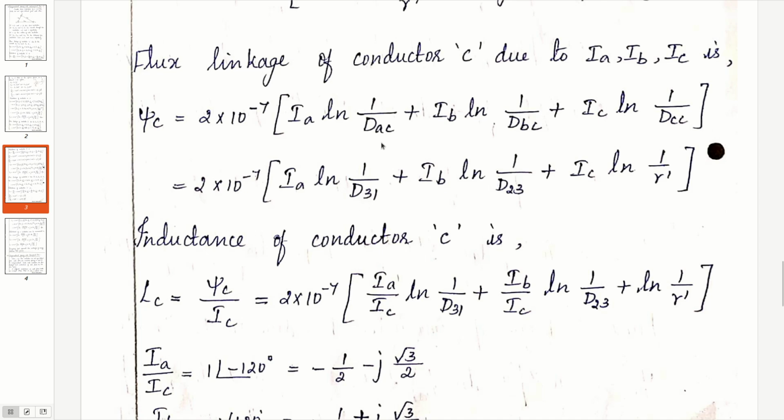Okay, so now substitute for DAC is D31, DBC is D23, DCC is R dash. Now inductance of conductor C, LC, is psi C by IC. So you will get IA by IC ratio, IB by IC.